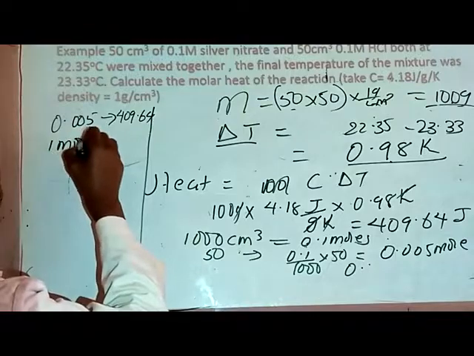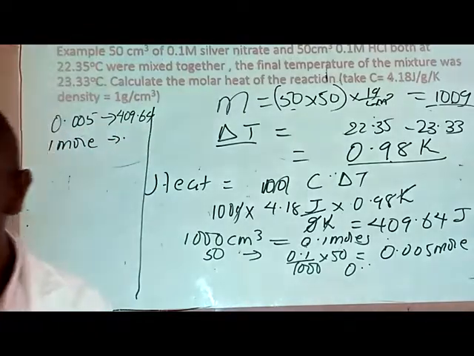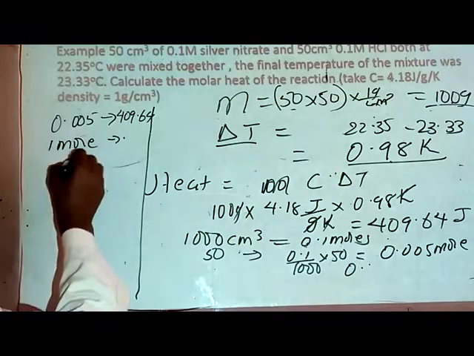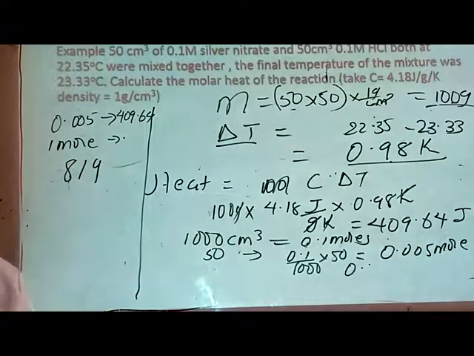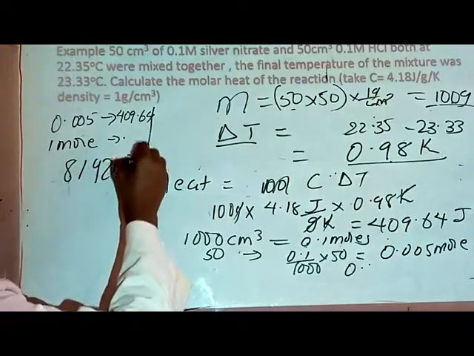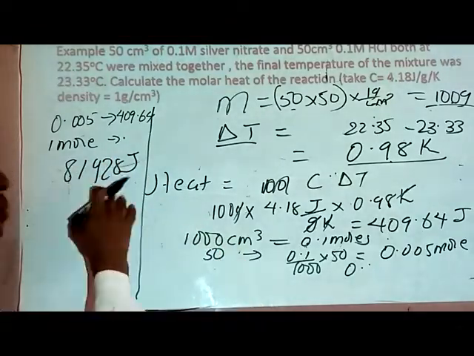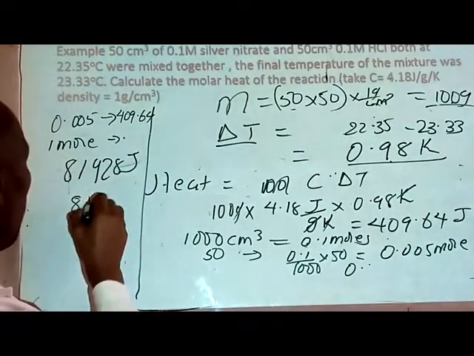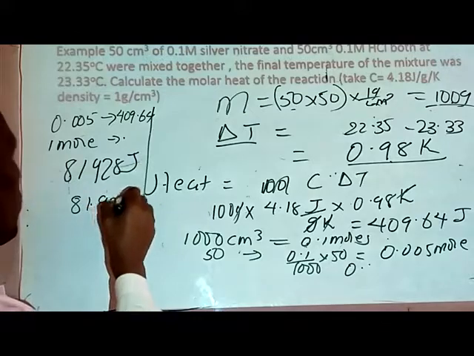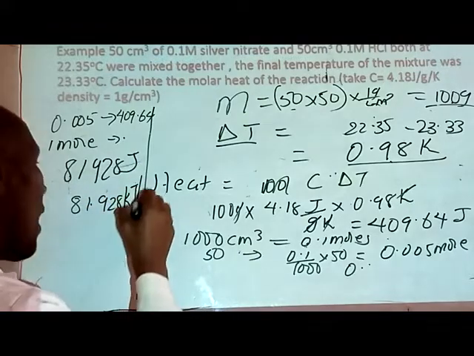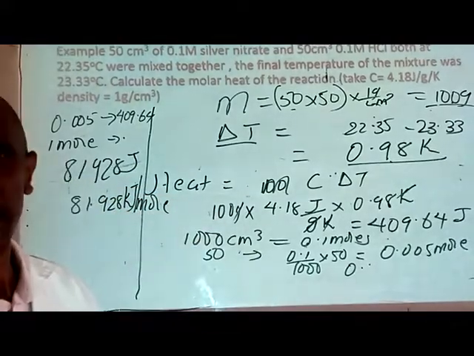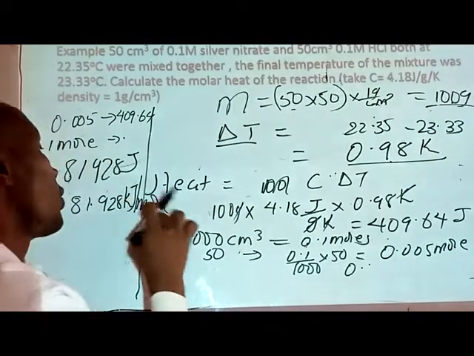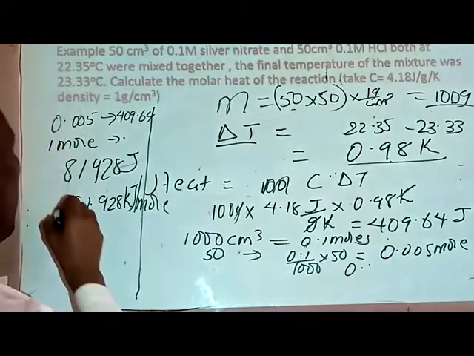So what about 1 mole? .81928 joules, which can be converted to kilojoules by dividing by 1000. 81.928 kilojoules per mole. That is now per mole. So the units now change from just kilojoules to kilojoules per mole.